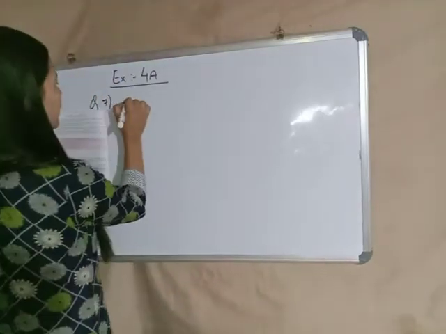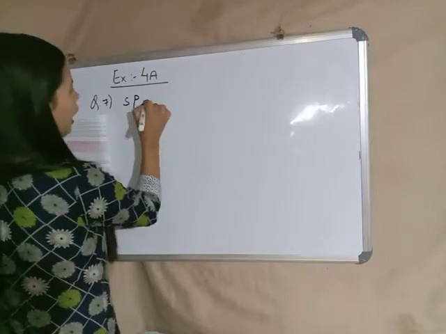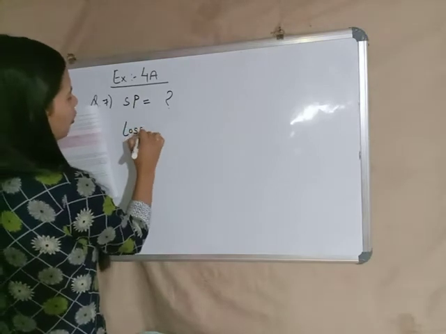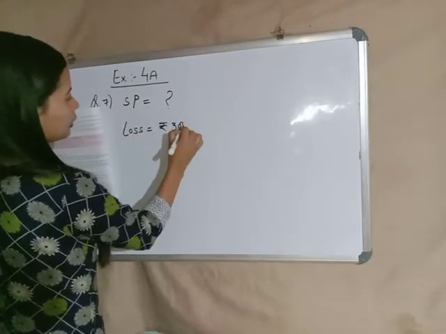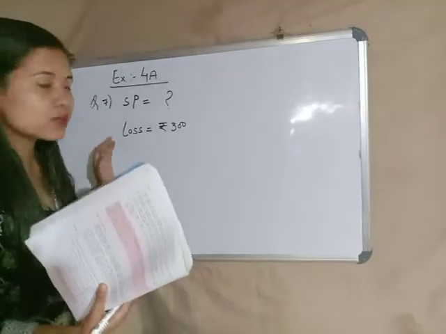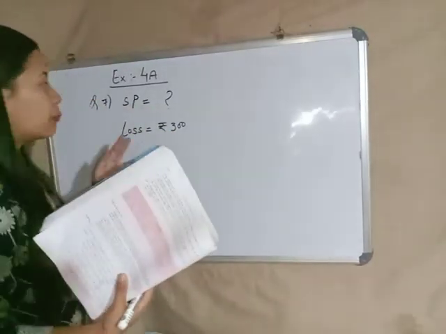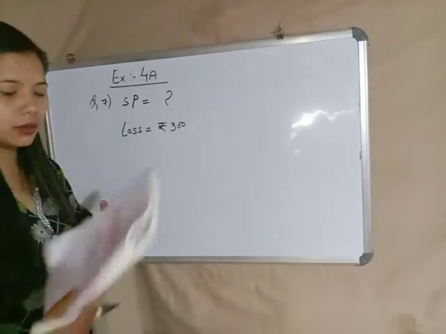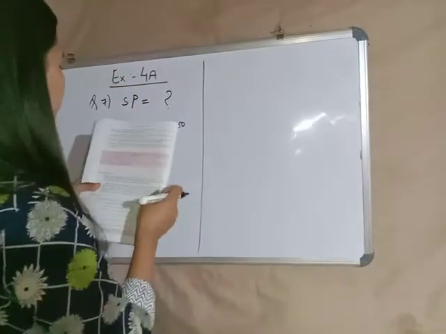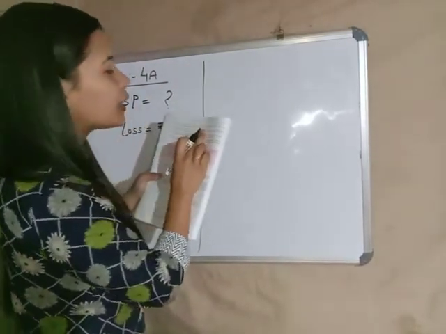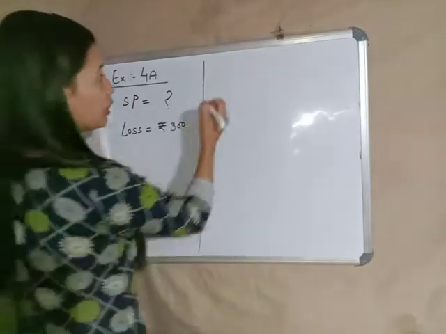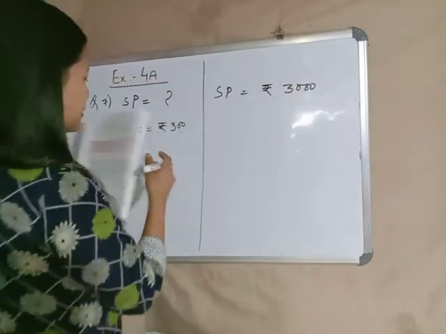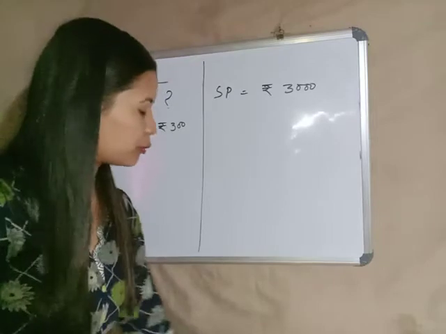In the first case, Rajan sold a bicycle at a certain price which we do not know, that is to be found out, because of which he had a loss of rupees 300. Now, if at all he had sold it at rupees 3000, that is the selling price, then he would have made a profit of rupees 600.